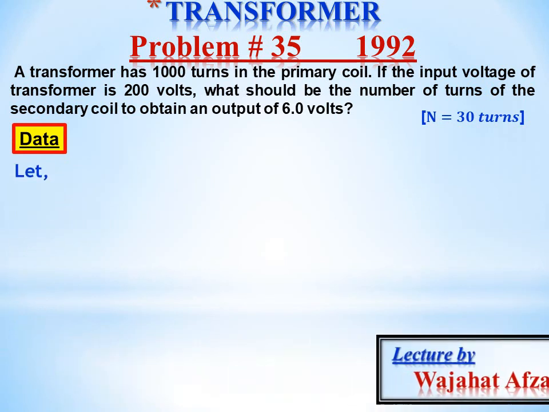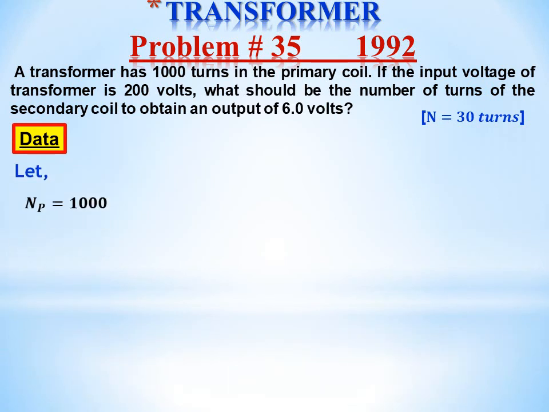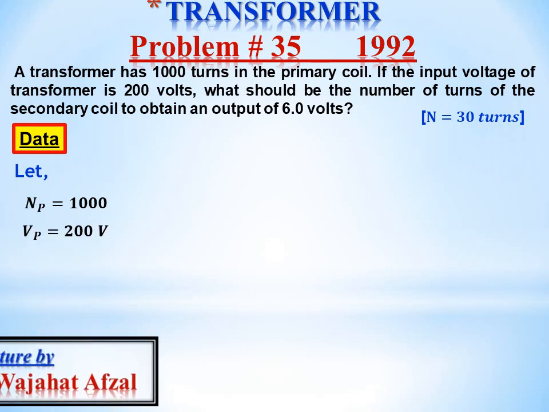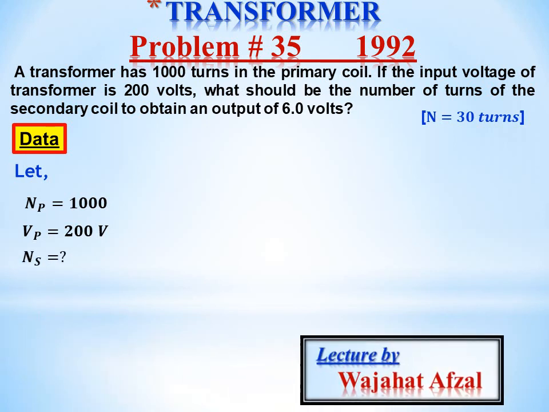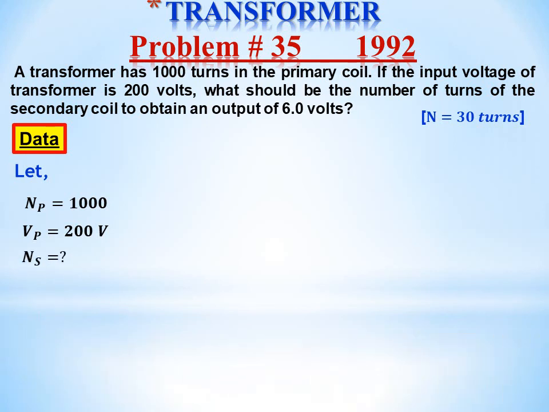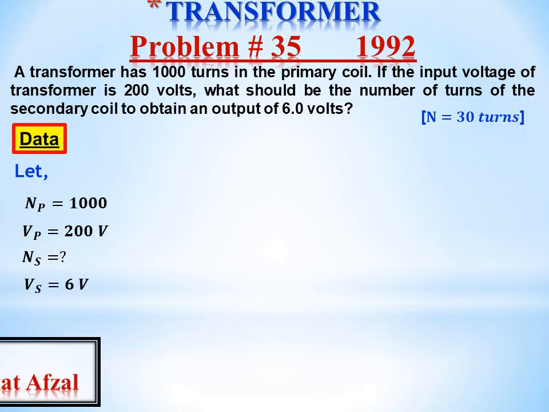So first of all, let's write its data. So here NP, number of turns in the primary, is 1000, and the EMF which is produced in the primary is 200 volt. Then the number of turns in the secondary is a question mark, you have to find it, and the EMF which is produced in the secondary is 6.